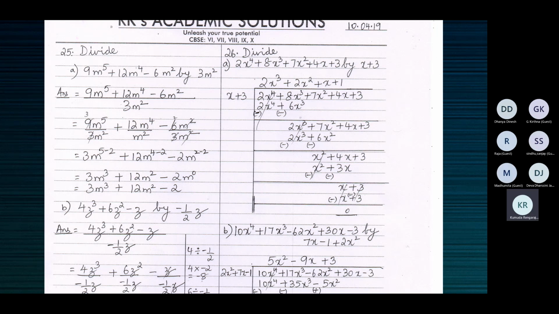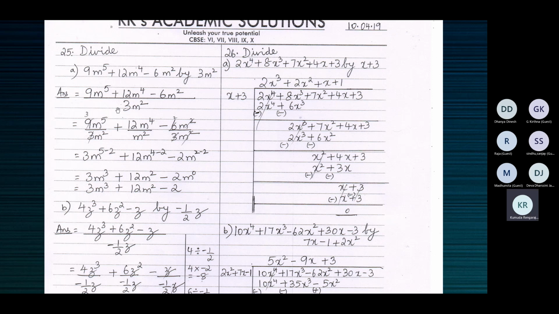That's what has been shared in the video so far. Now what you see here in the 25th one is: divide 9m to the power 5 plus 12m to the power 4 minus 6m square by 3m square.